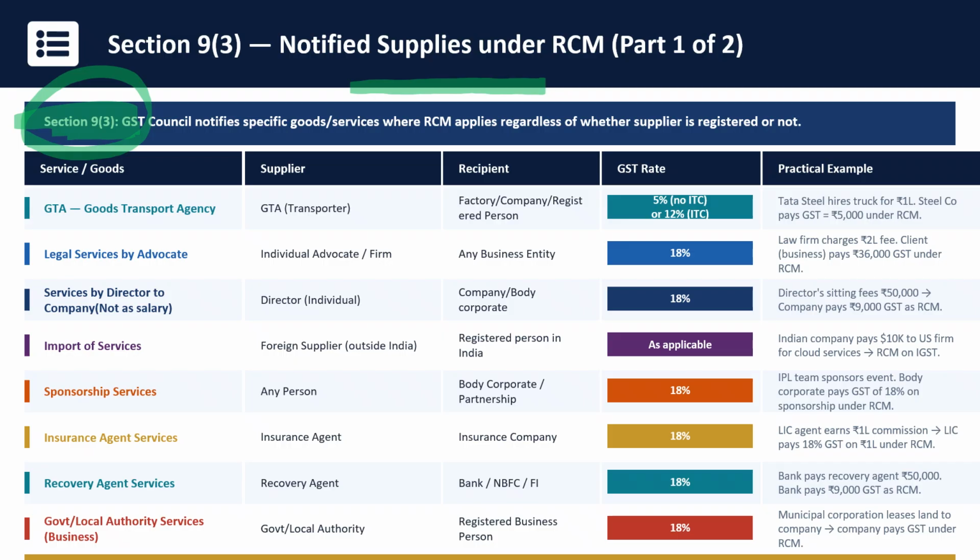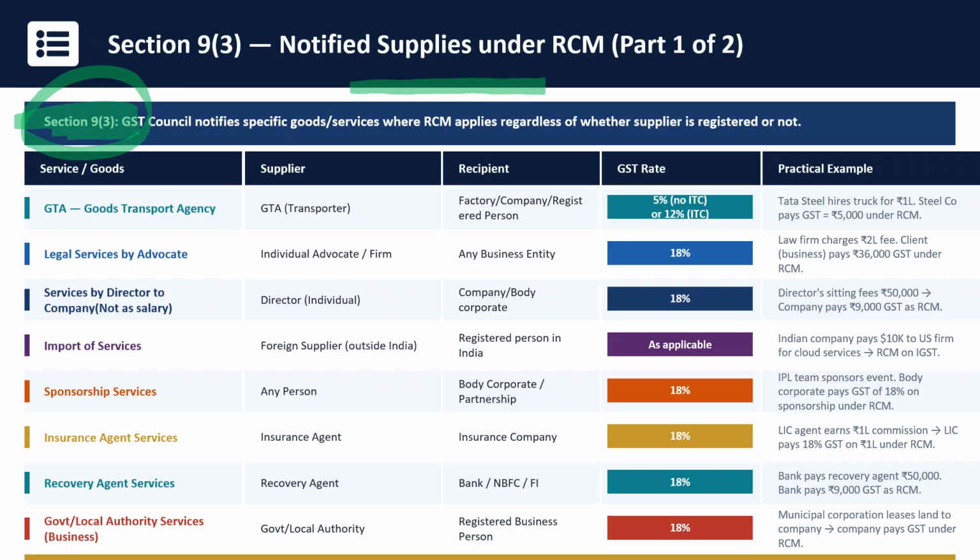Under the RCM, you need to pay the GST for these services. The supplier is a goods transport agency, GTA, you know, right? The goods transport agency transports goods from one place to another.